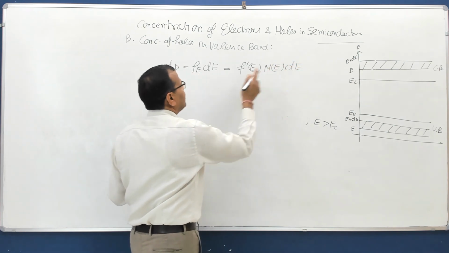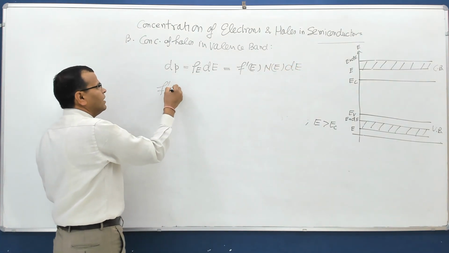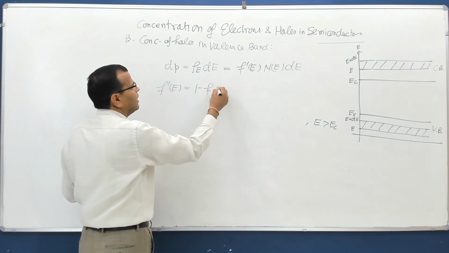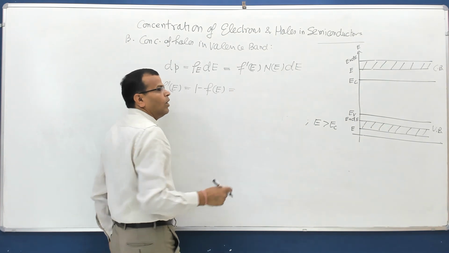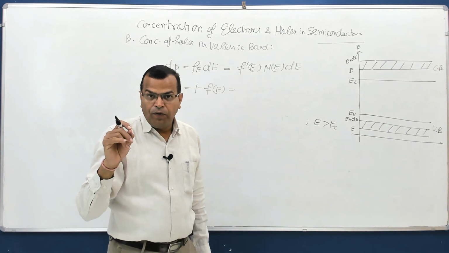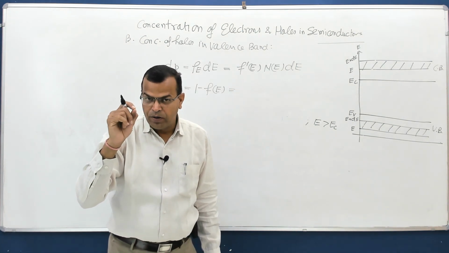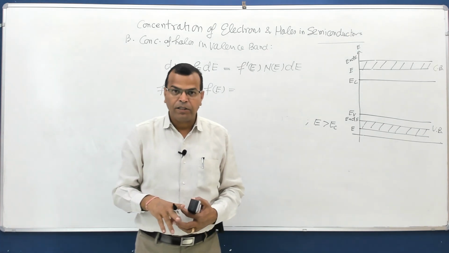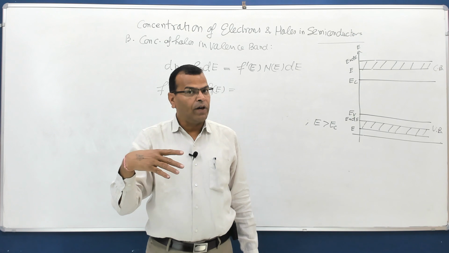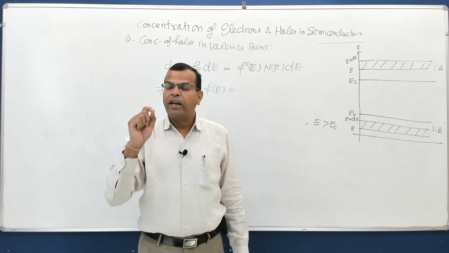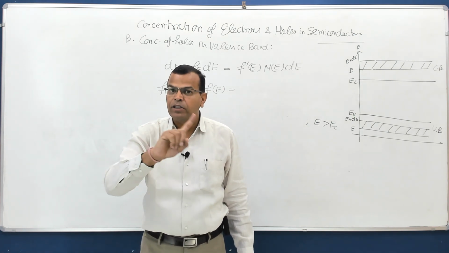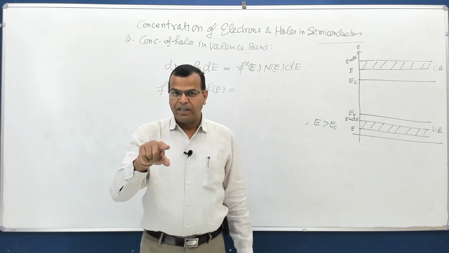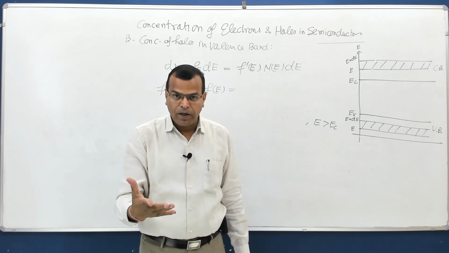What is this F dash E? F dash E is nothing but 1 minus Fe, and this is called the probability of a hole in the valence band. That is nothing but the absence of an electron. If an energy state in the valence band is not occupied by an electron, then that is a hole.